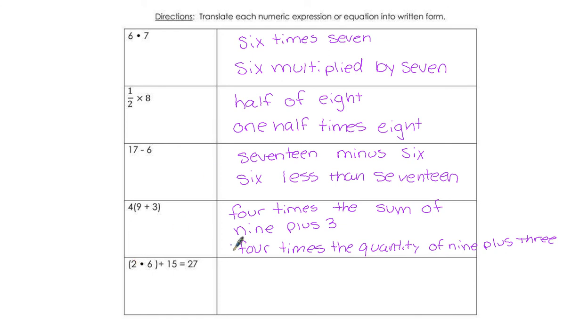So just think about how you say it. 2 times 6 plus 15 equals 27, or the quantity is telling us the parentheses. So the quantity of 2 times 6 plus 15 is 27.